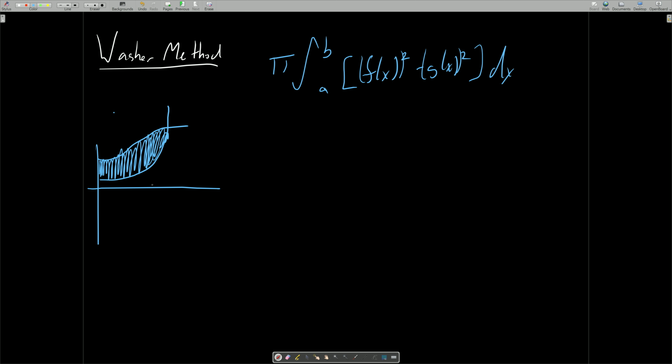The difference between the disk and the washer method is that in the disk method, your area is touching your revolution axis, but in the washer method, it's not touching it. So it's going to end up looking like a washer, right? Where it has an empty space in the middle. Your f of x would be your top function here, and your g of x would be your bottom function.